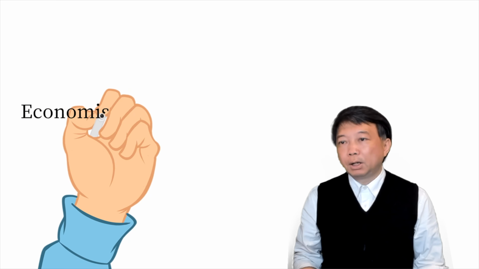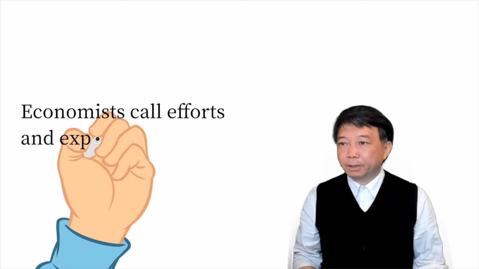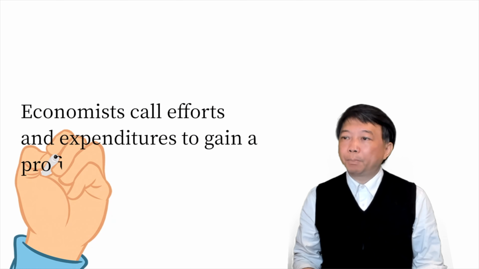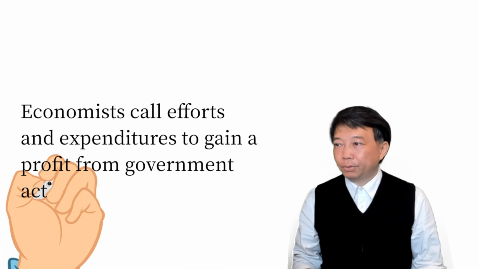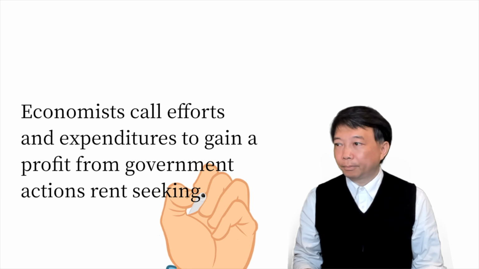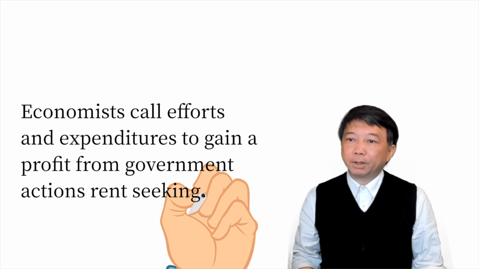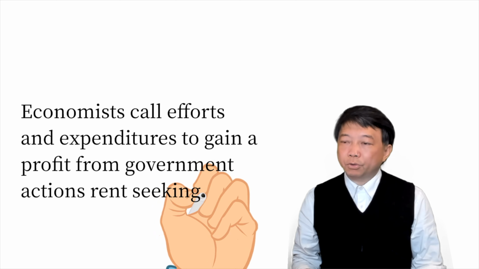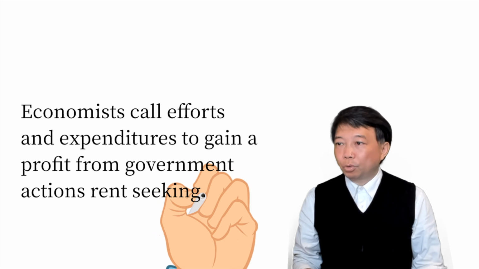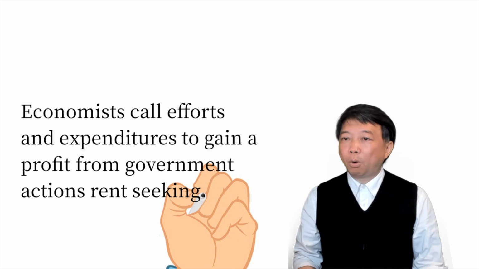Economists call efforts and expenditures to gain a profit from government actions rent-seeking. Domestic firms often use resources to lobby the government to enforce tariff policies so that the firms earn more profits.